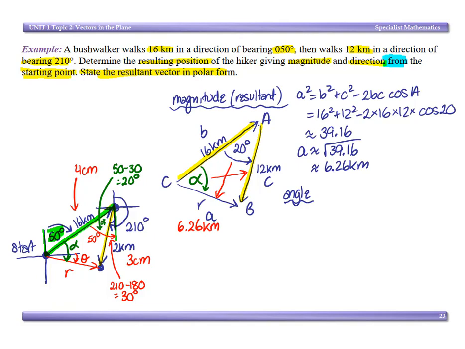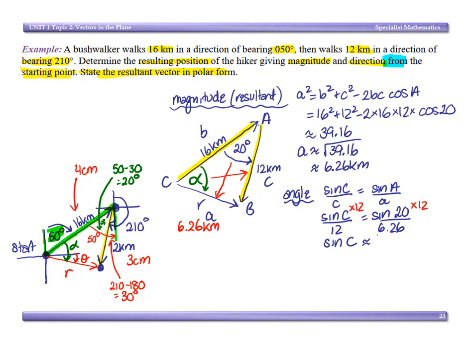So I'm going to use my sine rule. So sine C over c equals sine A over a. Plug in my information. Sine C over 12 is going to be sine 20 over 6.26, and then multiply both sides by 12. Now use the answer in your calculator for the a, that's 6.26.